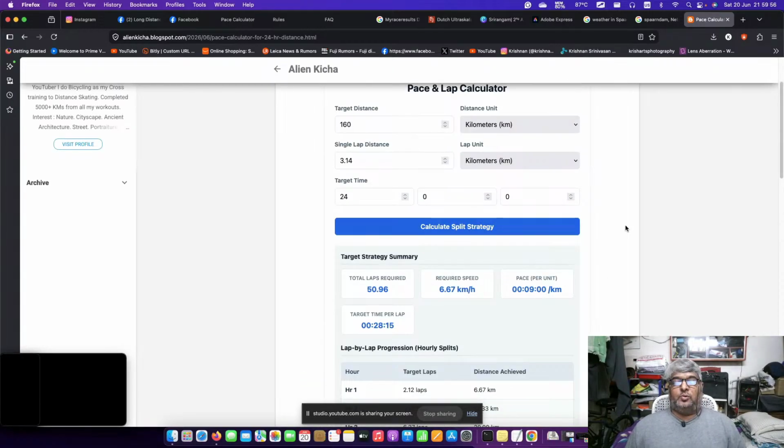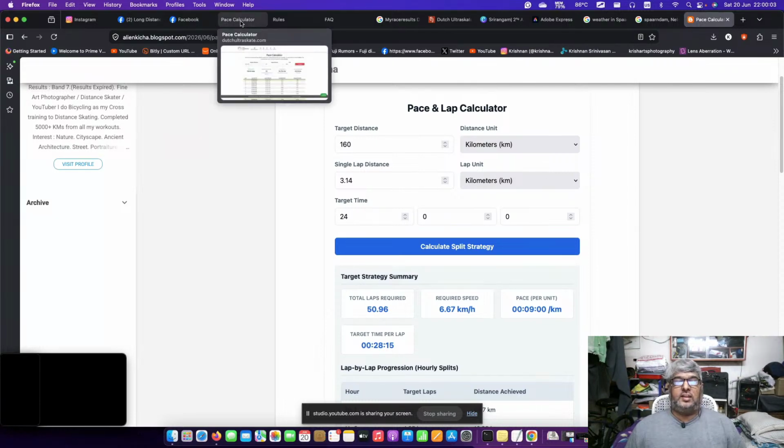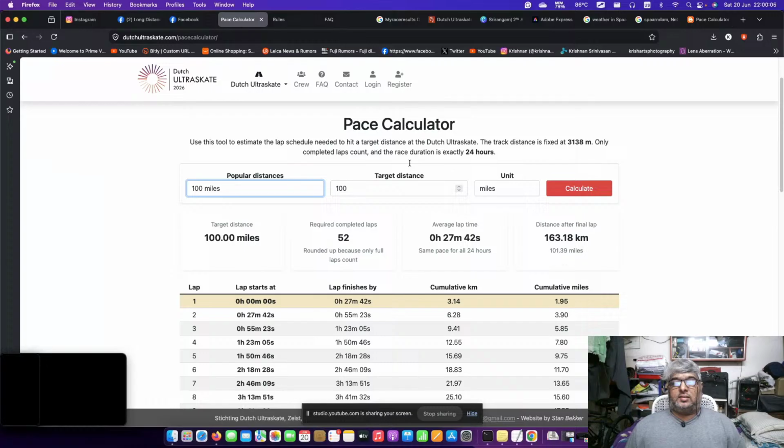So what is the advantage and what is the difference between this pace and lap calculator and the one provided by Dutch Ultraskate? The Dutch Ultraskate pace calculator provides information only for Dutch Ultraskate. Miami Ultraskate doesn't have a pace and lap calculator. Misfits doesn't have a pace calculator needed to complete the Misfits marathon. There is no lap, of course, in Flaming Ronde, but you can still use it.